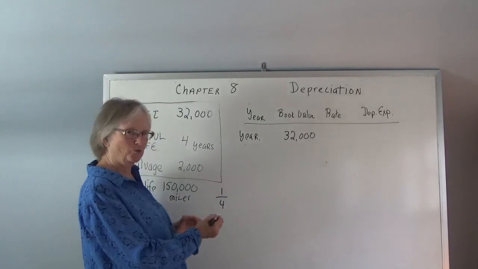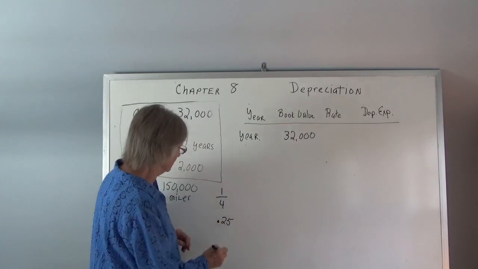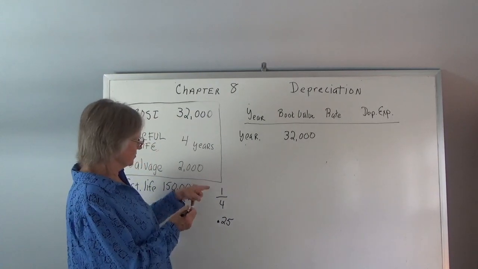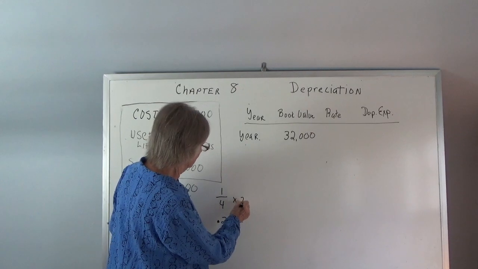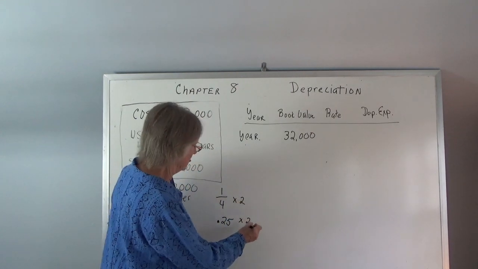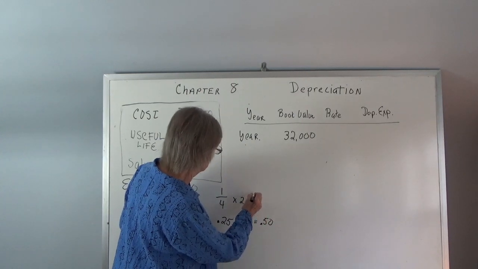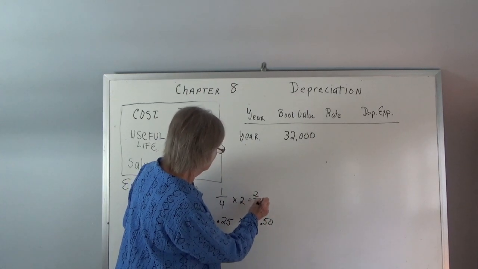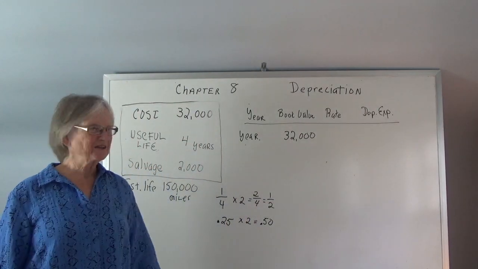So I don't know whether you work better in fractions or decimals, but that would be 0.25. So this is the straight line rate, and double declining balance just multiplies that by 2. So this double declining balance rate would be 2/4, which is equal to 1/2, or 50%.